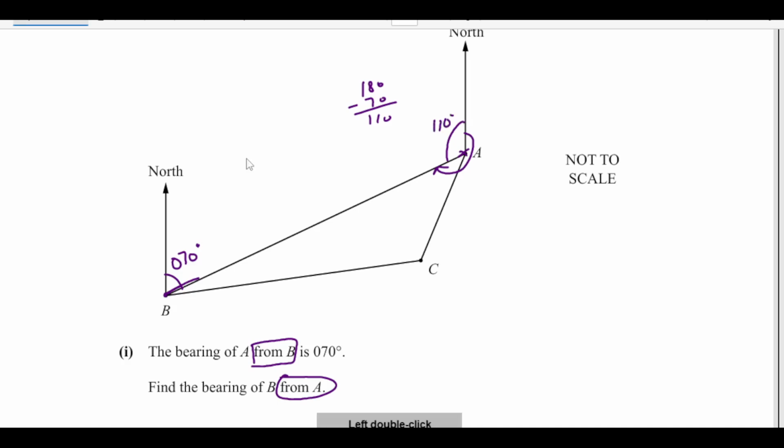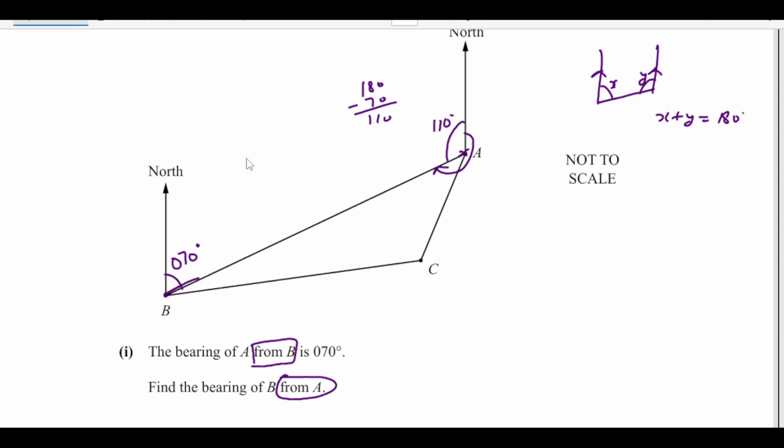Why is this? Because these north lines, they are parallel lines like this, right? So these are co-interior angles, and the sum of co-interior angles, if this is x and this is y, then the sum of them is 180. So we subtract this angle from 180, we got 110.